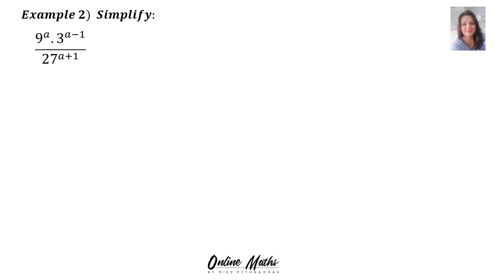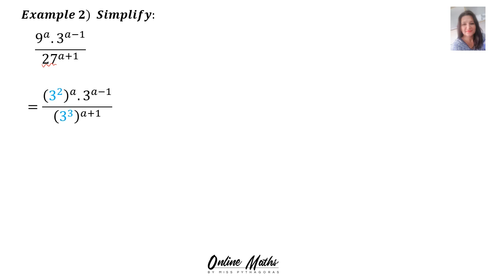Now the next example, simplify, we find a 9 raised to the a and a 27. My advice to you is you always have to prime factorize all your bases. So let's start with 9 first. 9 will be the same as 3 squared raised to the 3a minus 1, and then at the denominator at the bottom, 27 in its prime factors is 3 to the 3, in a bracket raised to the power a plus 1.